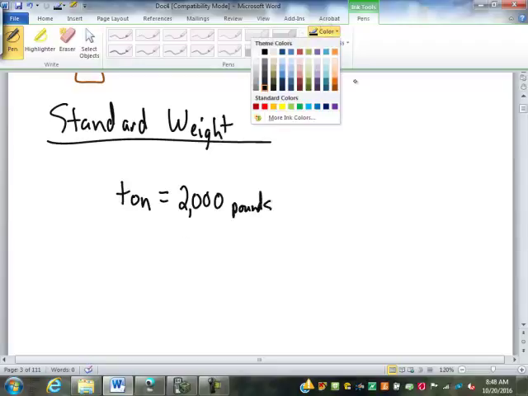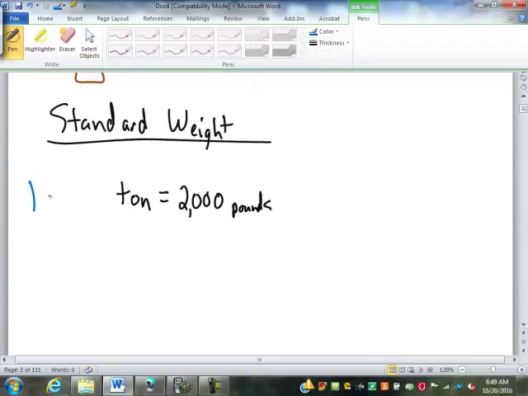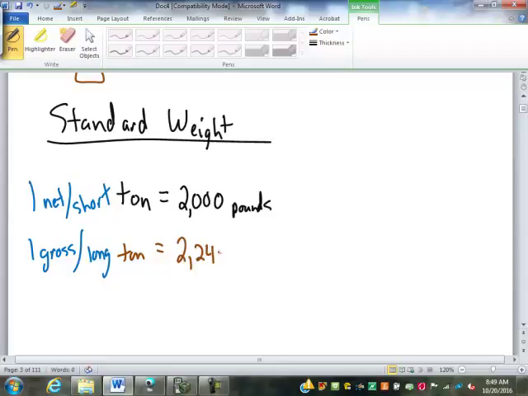This is technically what is called one net or short ton. 99.99% of the time, when you hear the word ton, they are talking about a short ton or a net ton. Now, if there's a net or a short ton, it implies that there is something called a gross or a long ton. A gross ton or a long ton is 2,240 pounds.